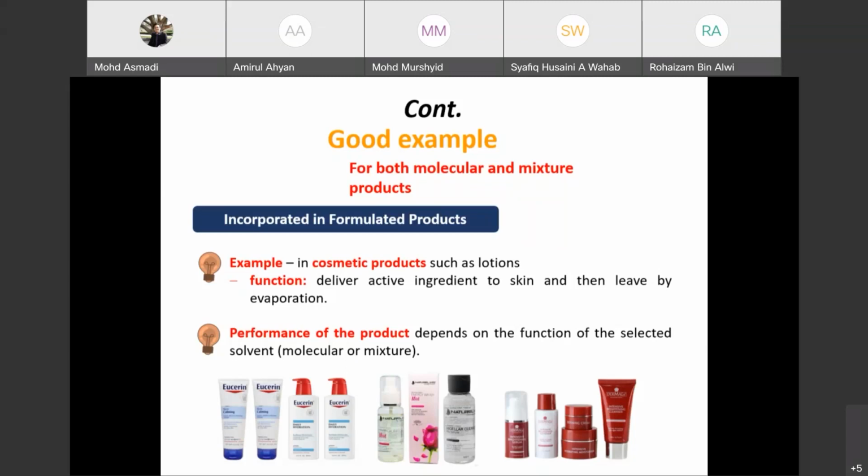Dia kalau yang ada solvent tu mungkin sanitizer lah. Okay, tapi kalau yang ni lotion ni saya rasa lebih kepada dia punya viscosity, pH, right? Itu yang in terms of the performance lah. Okay, not irritating to your skin. That is the performance of the product lah. It depends on the function of the selected solvent. That is the important. Solvent is the component lah.